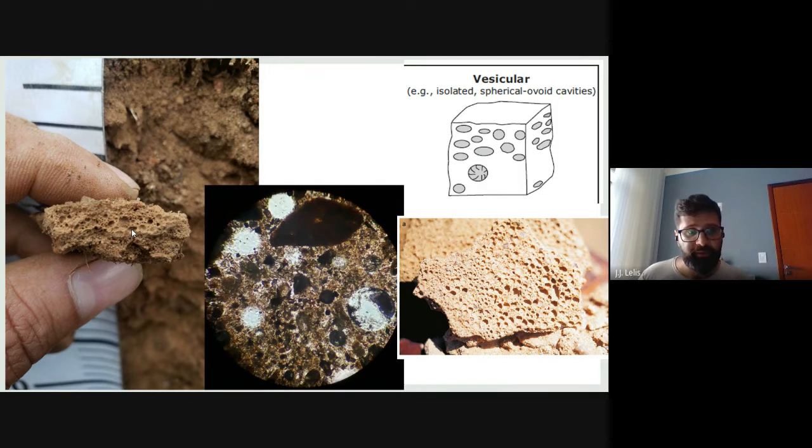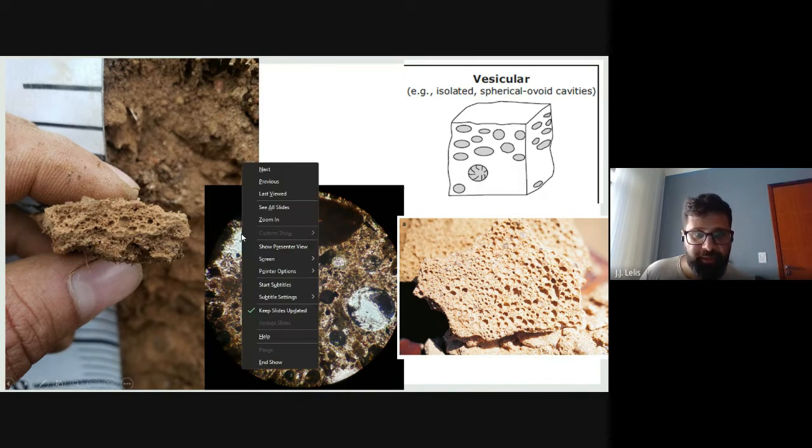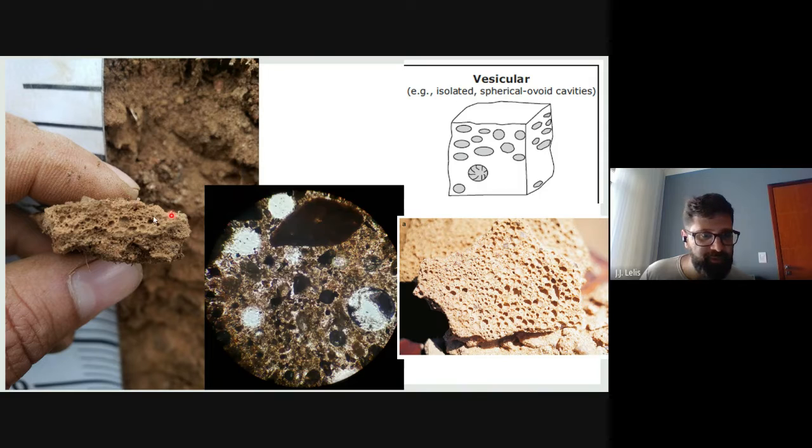We can easily see this in micromorphology, describing the soil in the field, or we also can see it in thin sections with this kind of voids. They are the same, vesicular voids here and here, okay? I forgot my pen, but you can see the same shape, the same type of void, and they express the same feature.